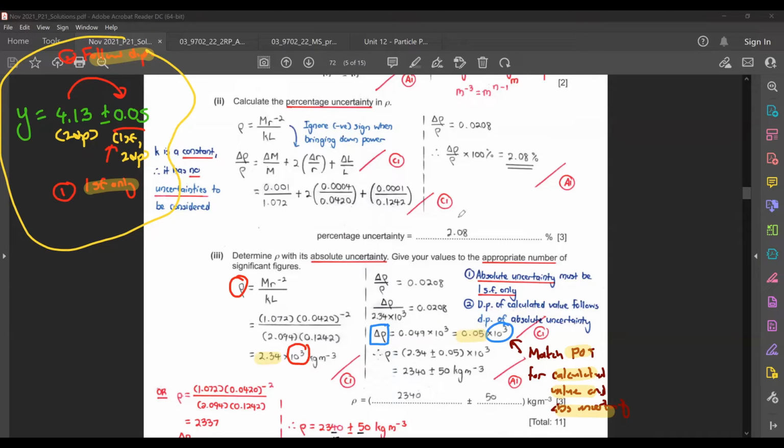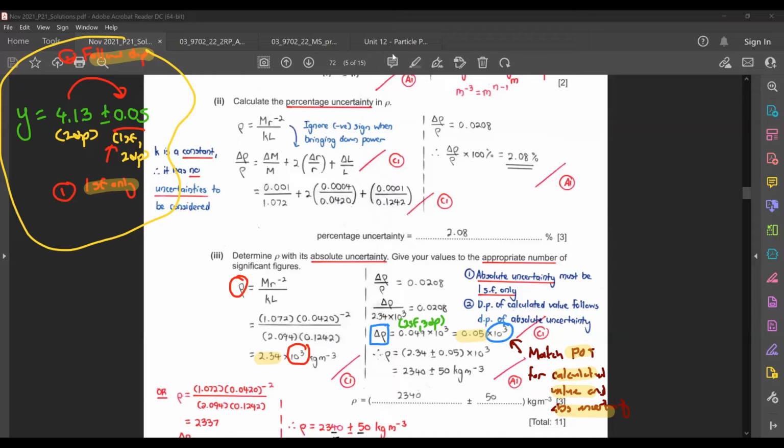So you see, in my case, this one here was 2SF. Let me just write this out. This one here, you notice it was 2SF, but 3DP.